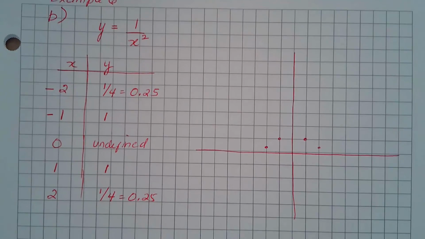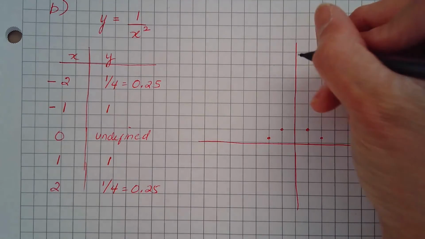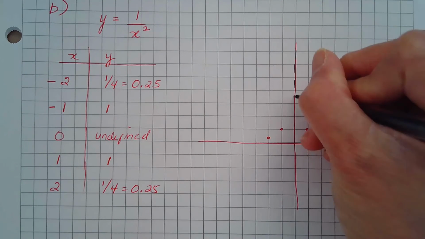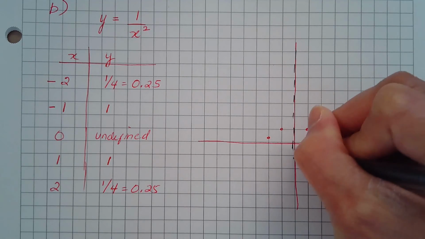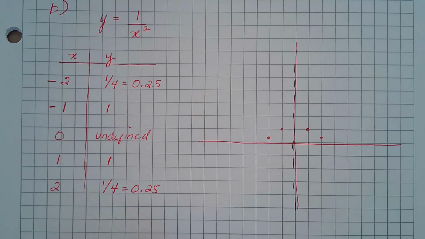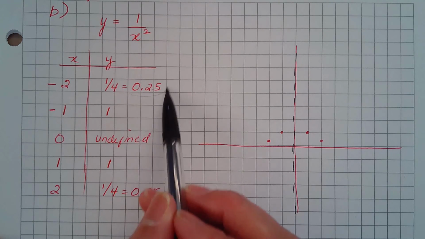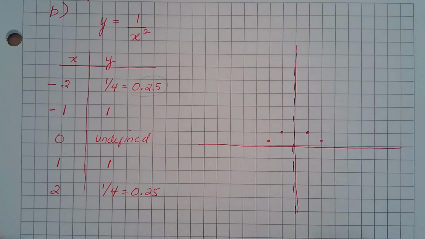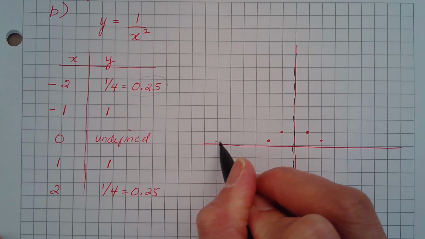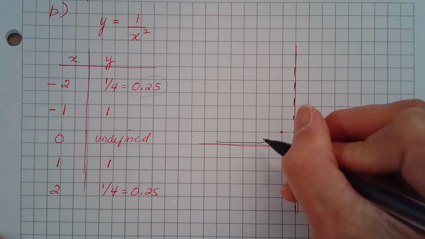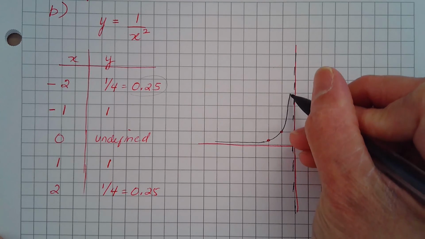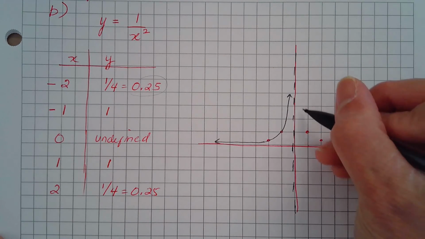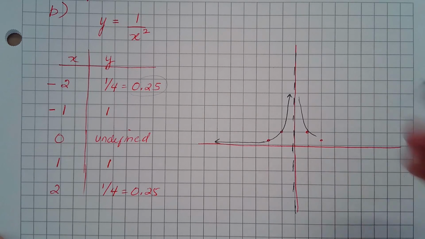Okay, well, where's the graph here? This is my asymptote. Any idea where the graph is? How does the graph look? Remember the y can't be negative, so it's going to be going like this, and then going like this.